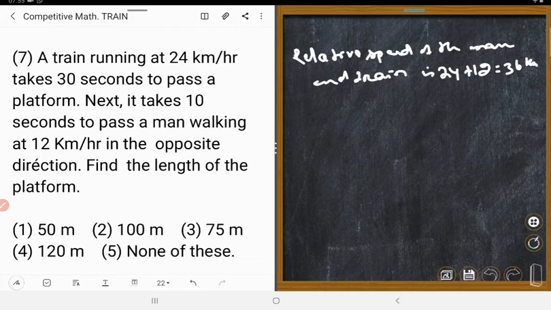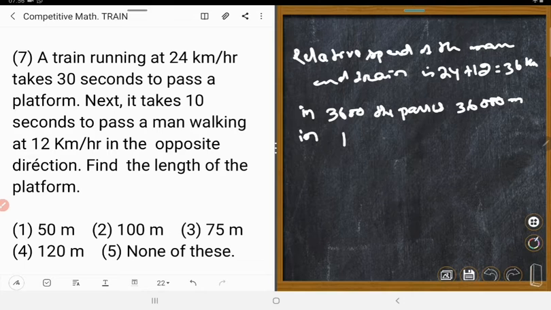So a train passes a man means it passes its length. We can find the length. In 3,600 seconds, the train passes 36,000 meters.